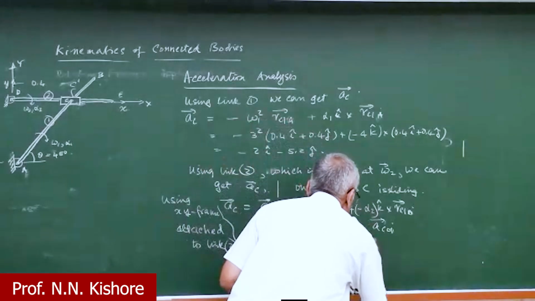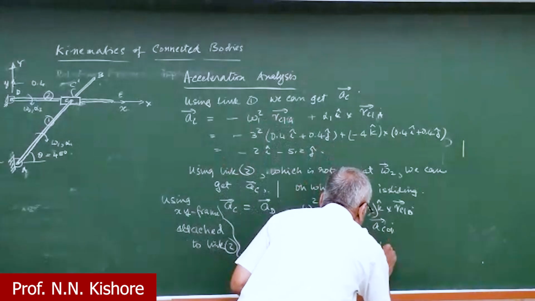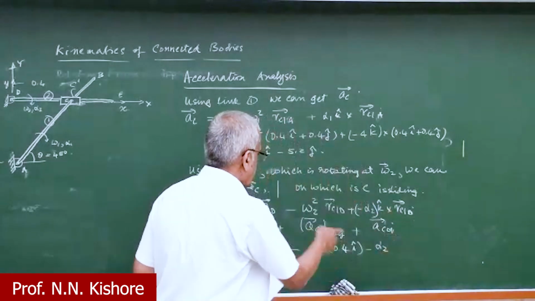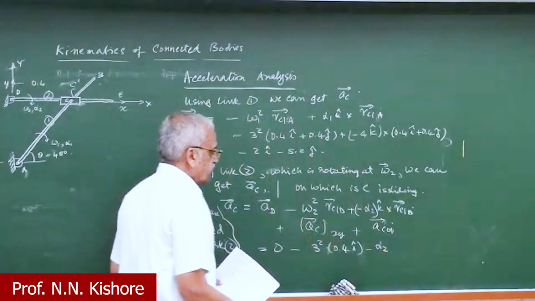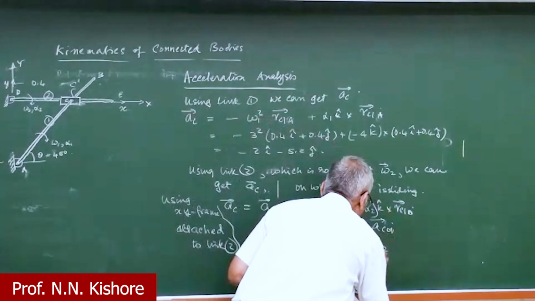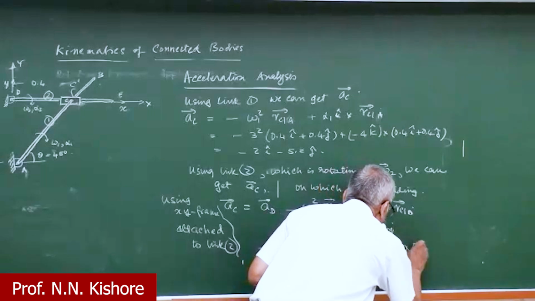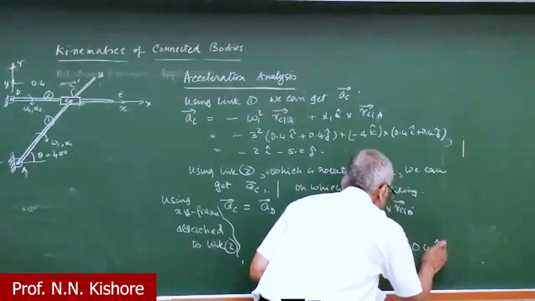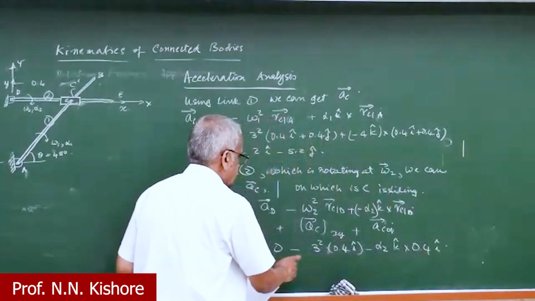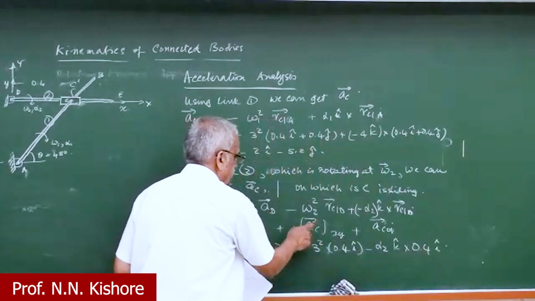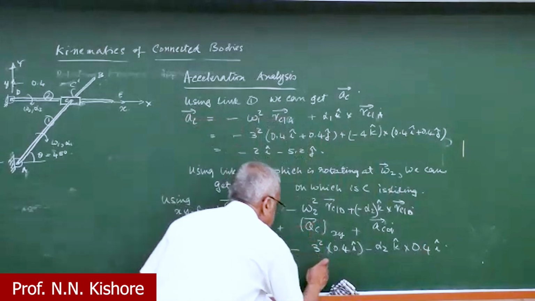And then this alpha 2 is the one which we want to find out. It's K cross R CD, given to be 0.4 I. And what else? This is the relative acceleration.